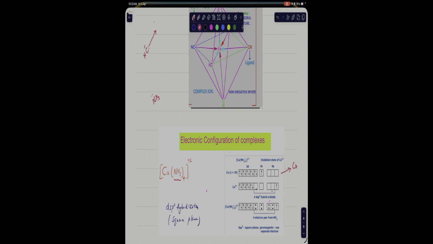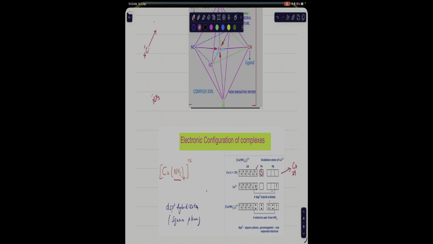The copper atom has an atomic number of 29, so the electronic configuration is going to be 4s1 3d10. For copper 2 plus, it will be 3d9, because we have to remove one electron from 4s and one electron from the 3d orbital. So there should be one unpaired electron over here, right?